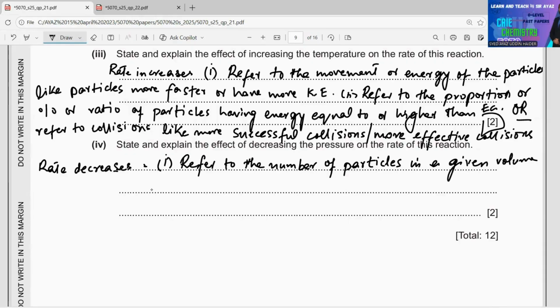Like particles are less crowded or less concentrated, or you are having fewer particles per unit volume.